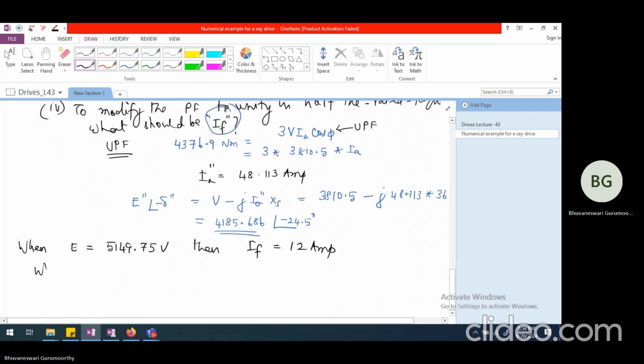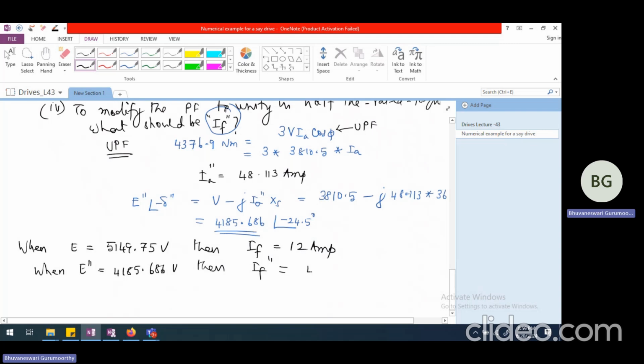Now, when E dash equal to 4185.686 volts, then the new value of IF2 dash can be calculated based on ratio and proportions.